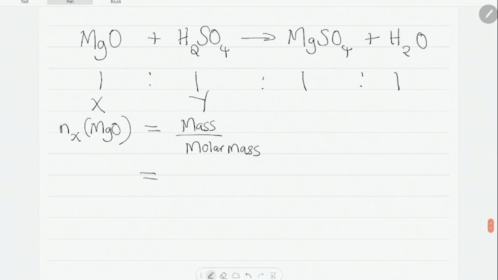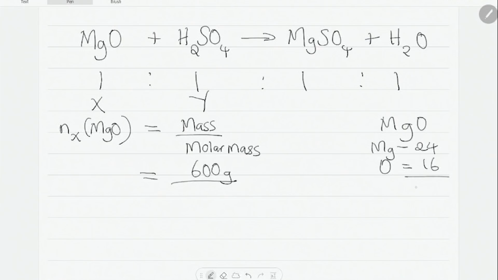Mass of magnesium oxide from the question is 600 grams over, what is the molar mass? Magnesium itself has a mass number of 24. Oxygen has a mass number of 16. We have one atom of each element in that compound. When you add that, we are going to get 40.